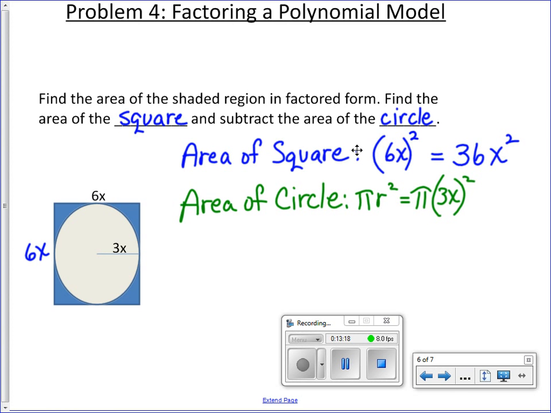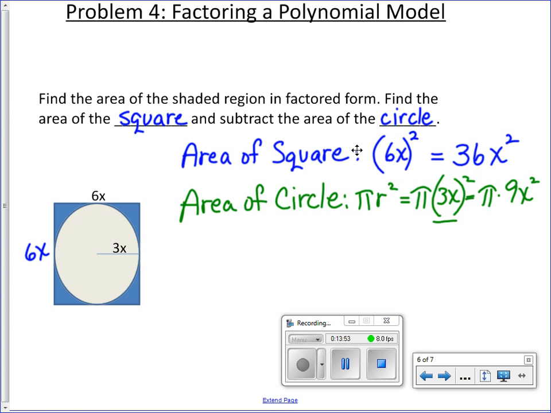All right. Now, let's evaluate that, and then we'll subtract the circle from the square. So pi times 3x, let's square this part right here. So we have pi times 3x times 3x would be 9x squared. 3 times 3 is 9, or 3 squared is 9, and x squared is x squared.